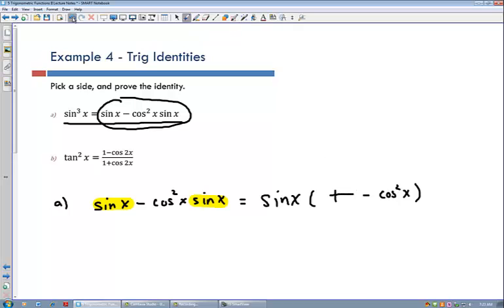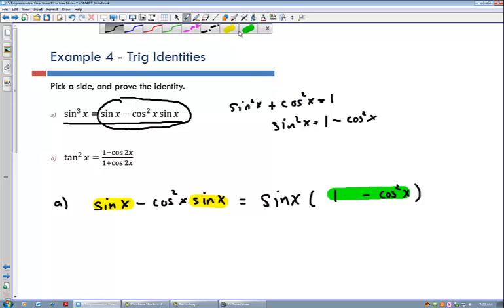Now when I see this 1 minus cosine squared of x, a light comes on in my head and says, oh hey, remember sine squared of x plus cosine squared of x is equal to 1. So I know that sine squared of x is equal to 1 minus cosine squared of x if I move over the cosine squared of x, and that's exactly what I have in green down there.